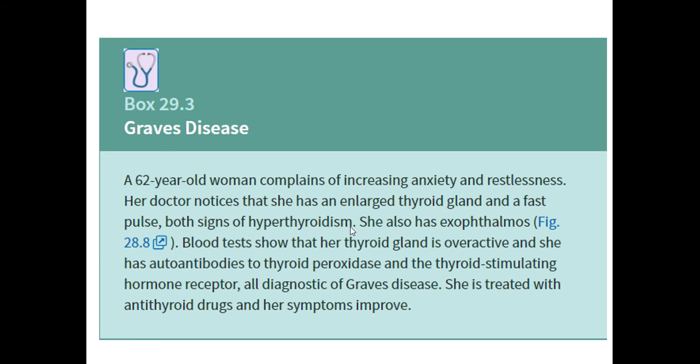We call it thyrotoxicosis in general. She also has exophthalmos, bulging of the eyes. We'll see it in just a second. And the blood test shows that her thyroid gland is overactive. Lots of hormones are secreted.